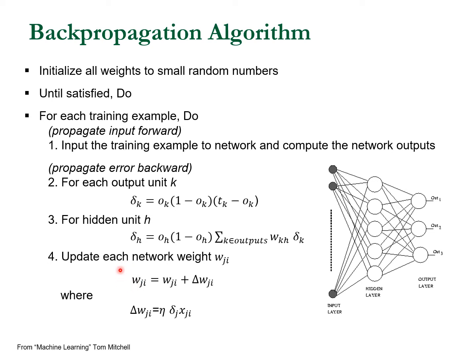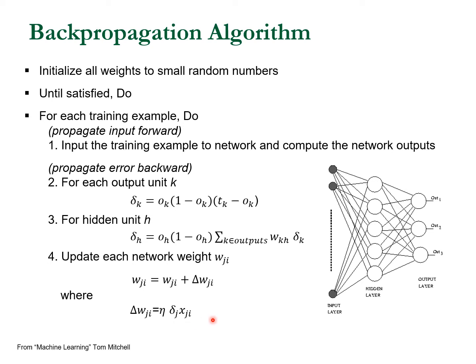So the current weight value plus delta Wji is the new weight value, and delta Wji is the learning rate eta times delta J times xji, the input, which is given here. So that's the definition of delta Wji.